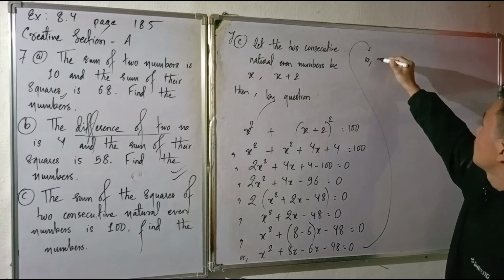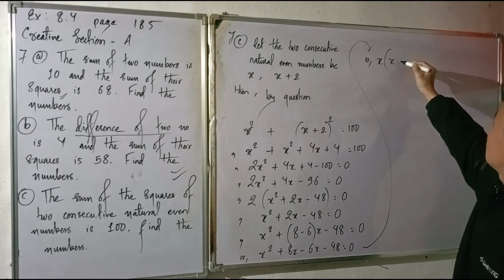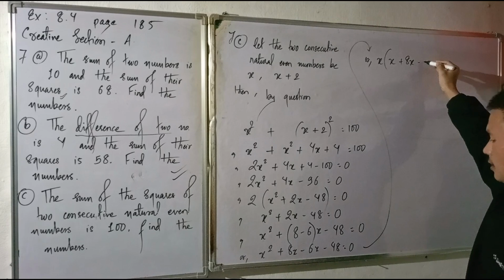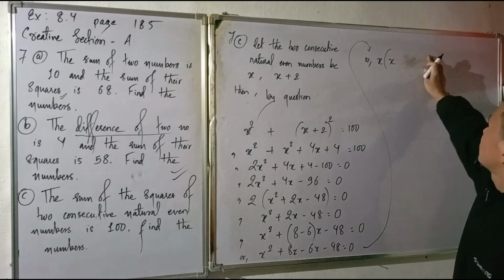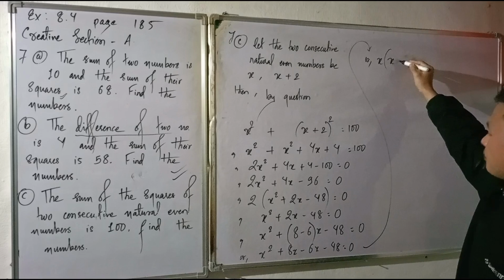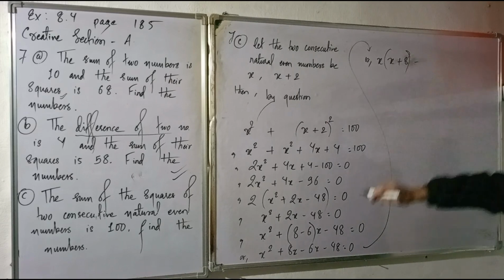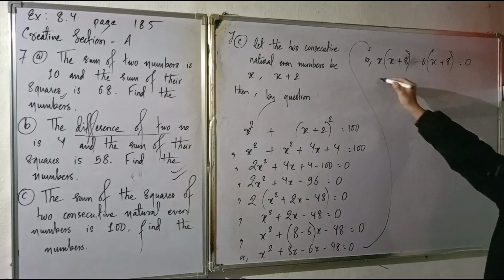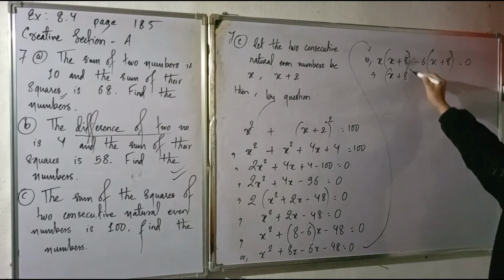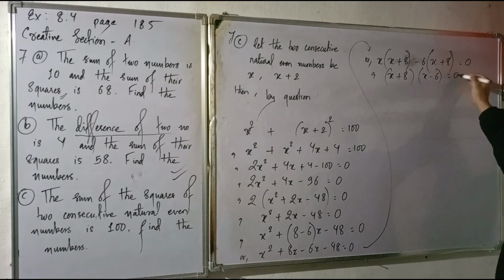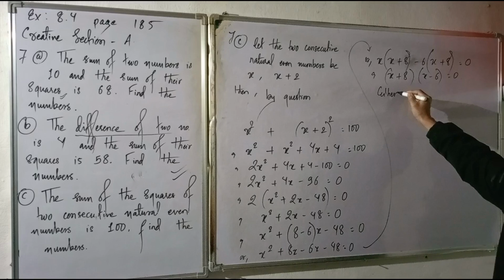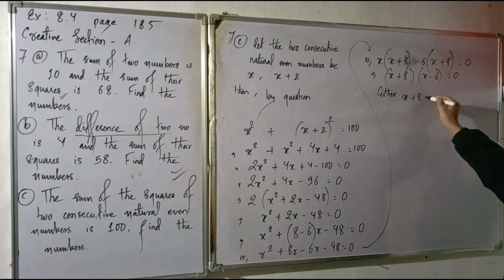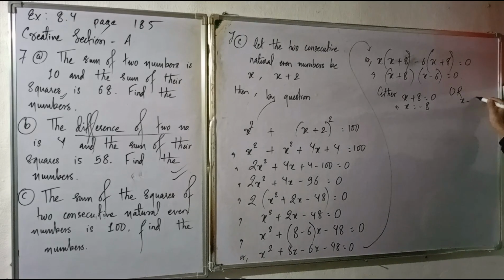Now (x plus 8)(x minus 6) equals 0. Either x plus 8 equals 0, so x equals minus 8, or x minus 6 equals 0, so x equals 6.